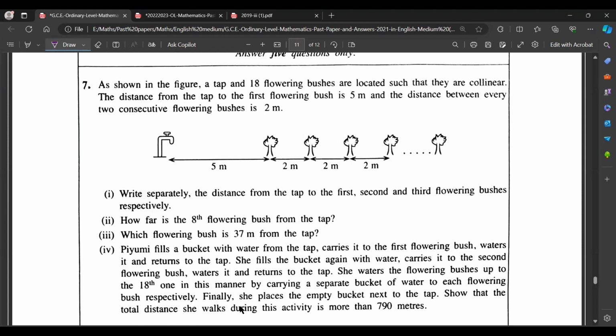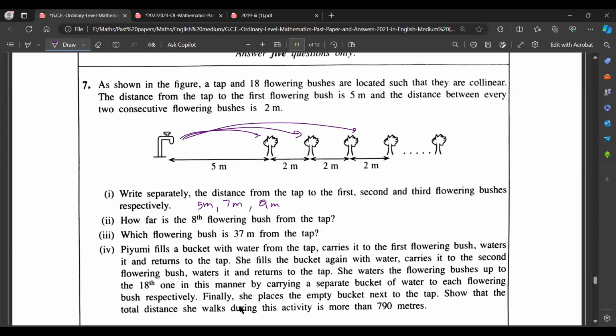Write separately the distance from the tap to the first, second, third. Tap to the first one, how much distance? 5 meters. Tap to the second one, 5 plus 2, it is 7 meters. Tap to the third one, another plus 2, 9 meters.